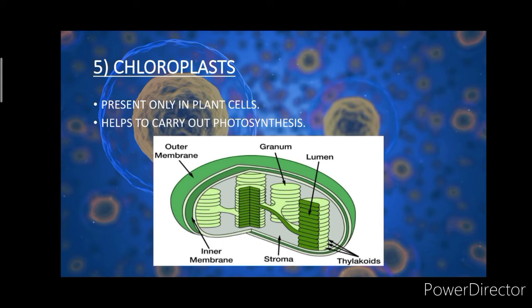Why? As I told you, it helps to carry out photosynthesis, and photosynthesis takes place only in plant cells. Photosynthesis is the process by which food is produced in a plant.